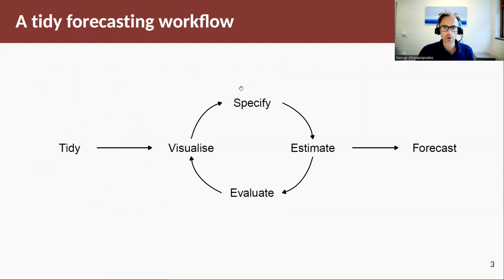Then we specify a model, we estimate the model, and we evaluate how good the model is. Now, sometimes and many times we might not be happy with the model, hence we need to go and re-specify another model. Or we might specify 3 or 4 different models and evaluate all of them. So this circle here may be visited. We may loop this a few times before we are ready to generate forecasts.